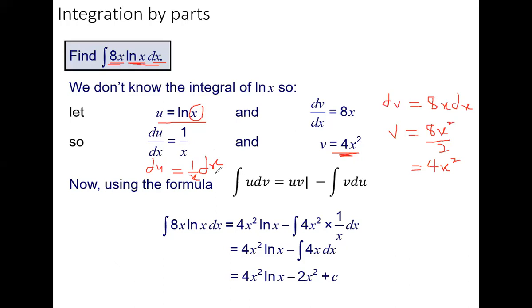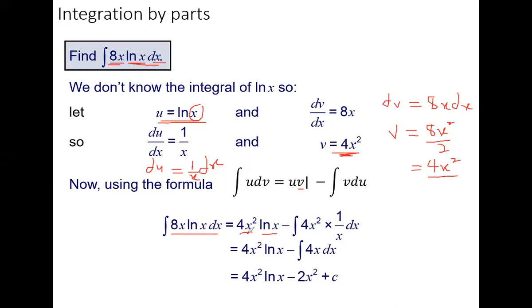So once again, we are done with what we have to do, and then we have to substitute our u and v into the formula. So the integral of 8x ln x dx now becomes what? Your u in this case is ln x, so we bring it times our v, which is 4x squared.